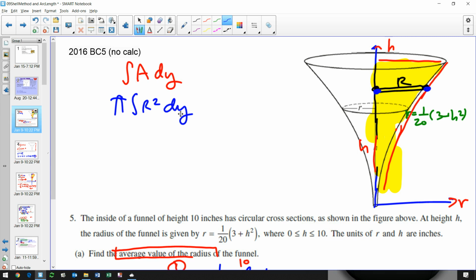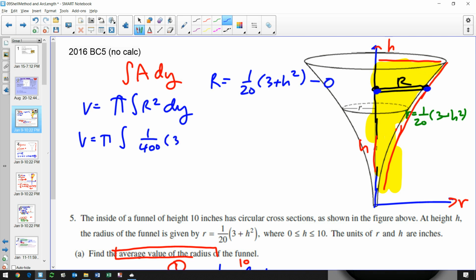This x here is 1 over 20 plus h squared, minus, guys, what's this x right here? 0. So r was really 1 over 20 plus h squared, and r squared was 1 over 400 times 3 plus h squared, quantity squared, and it's not dy, it's dh.